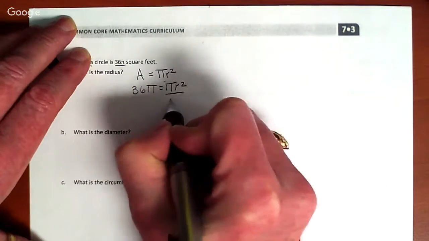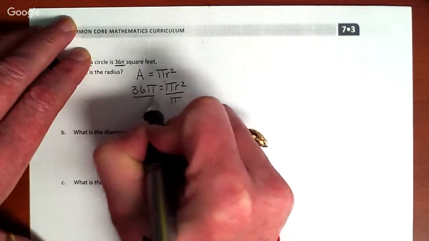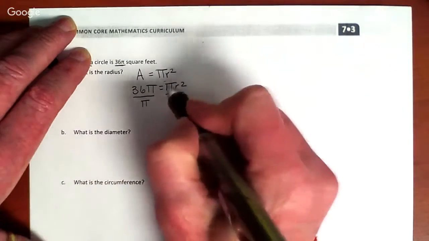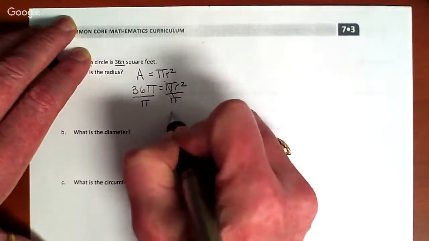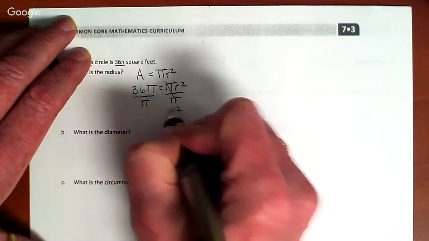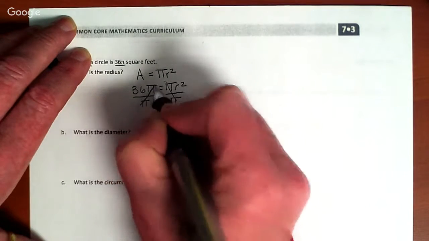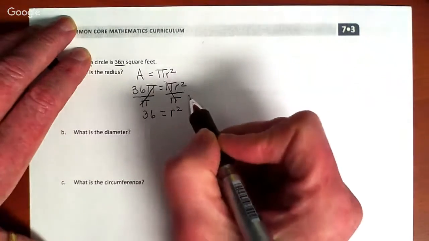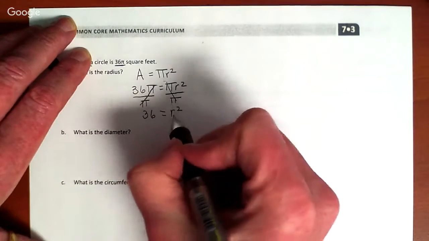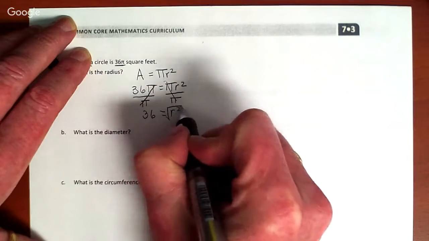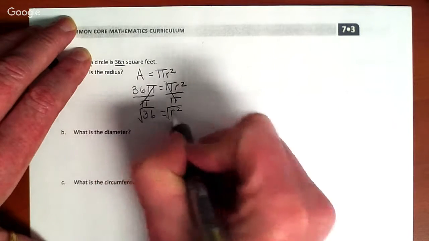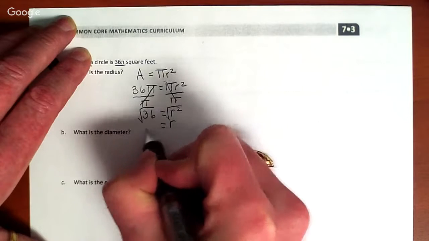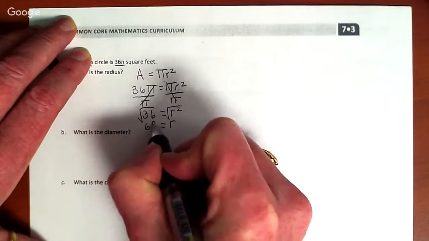Okay, we're going to divide both sides by pi. So we have r squared equals 36. Now remember, we're going to take the square root of both sides to find what r is. So r is going to equal 6 feet.